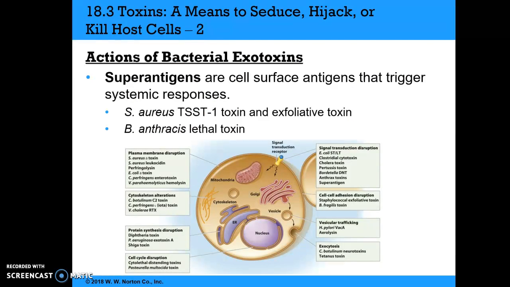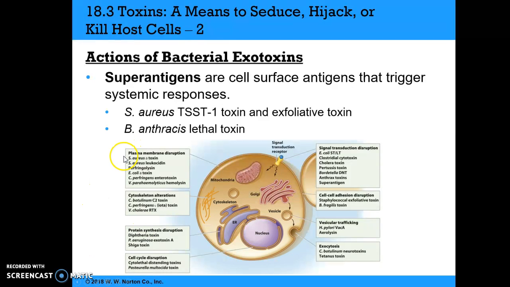So let's first talk about the actions of the bacterial exotoxins. And basically we're talking about superantigens that trigger pretty severe systemic responses. Staph aureus has a TSST-1 toxin and an exfoliative toxin, and Bacillus anthracis has a lethal toxin. But in general, here are the different targets that you can see that are impacted by the bacterial exotoxins.